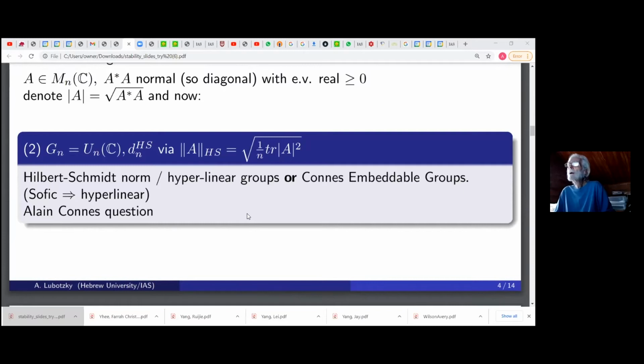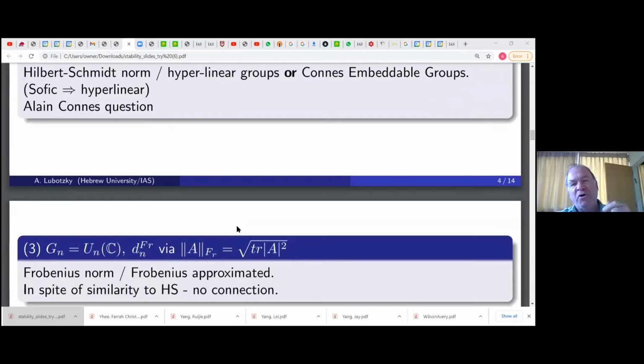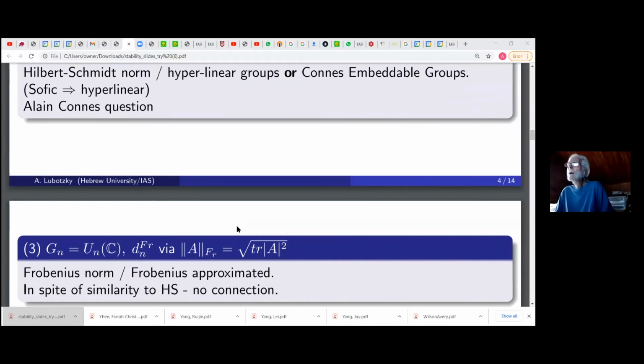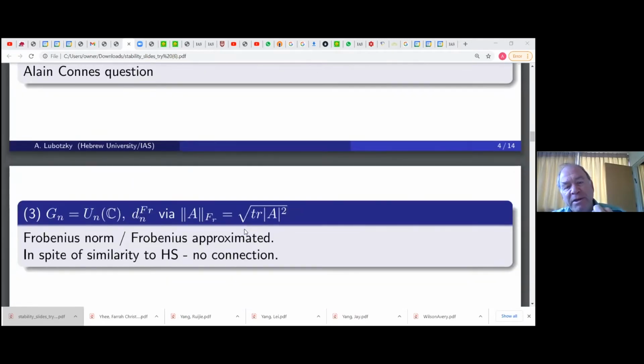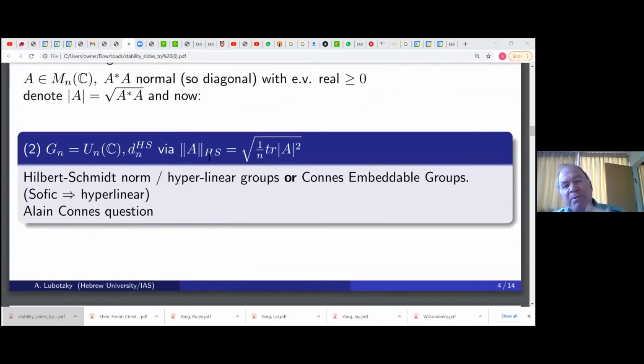Which means that if I have a family of asymptotic homomorphisms with respect to the Frobenius norm, they are, of course, asymptotic homomorphisms with respect to Hilbert-Schmidt because they are converging to 0 even faster. But maybe the sequence separates the points of gamma with respect to Frobenius, but does not separate with respect to Hilbert-Schmidt, because Hilbert-Schmidt will take you to 0, while the Frobenius will keep you away from 0.